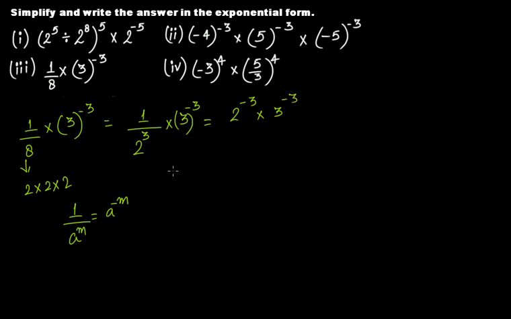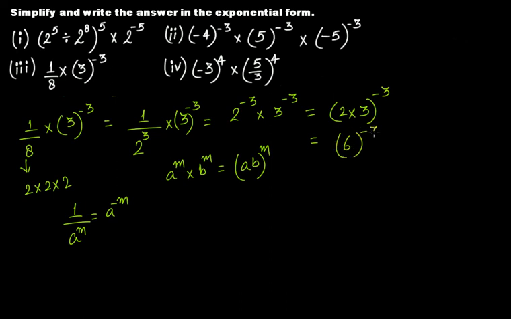Now it is of the form a raised to power of m multiplied by b raised to power of m. So this is equal to a multiplied by b raised to power of m, right? So this is equal to 2 multiplied by 3 raised to power of minus 3. So this is 6 raised to power of minus 3.